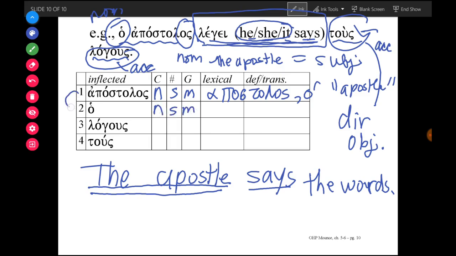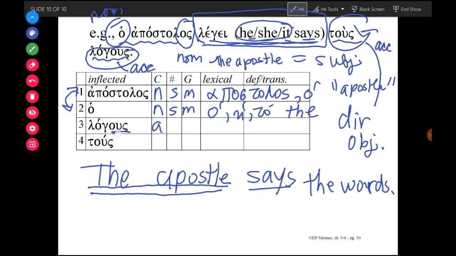Notice that they match. Do you see that? They match. And what's the lexical form of the article? It's actually ho, he, to. That's how it's listed. So you want to write all three of the masculine, feminine, and neuter forms, and you translate this as the.